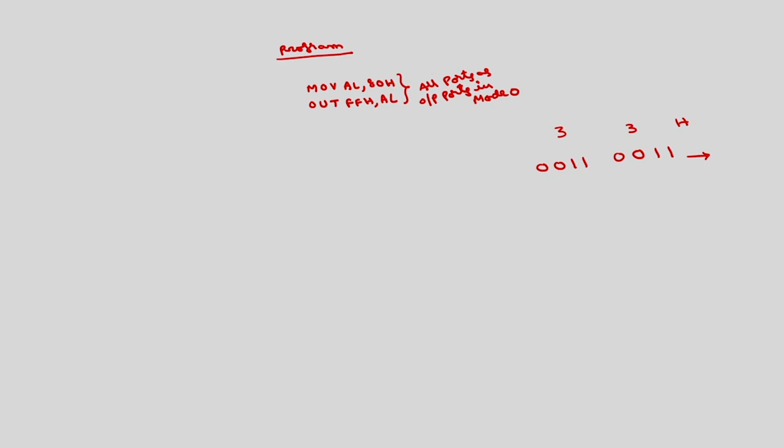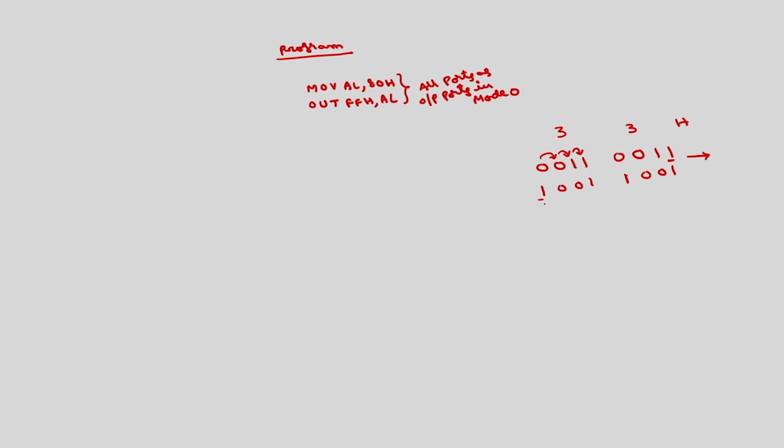After the first rotation this becomes 1 0 0 1 1 0 0 1. The last bit goes to the first bit. So this will be the sequence after the first rotation.